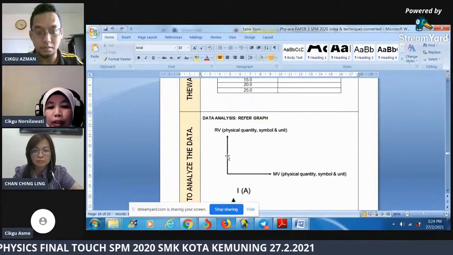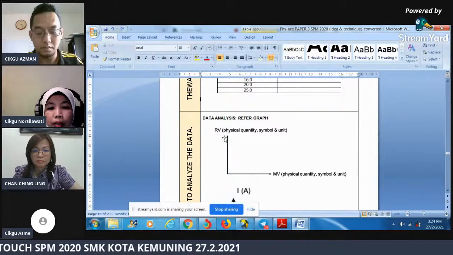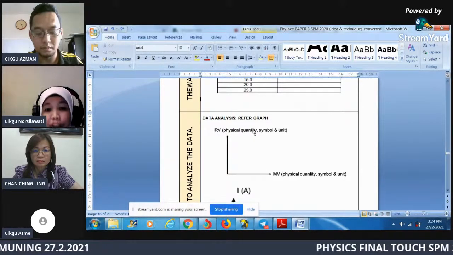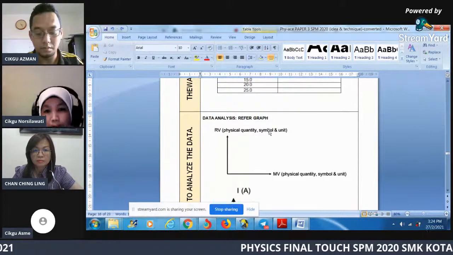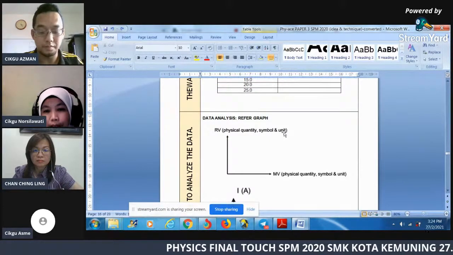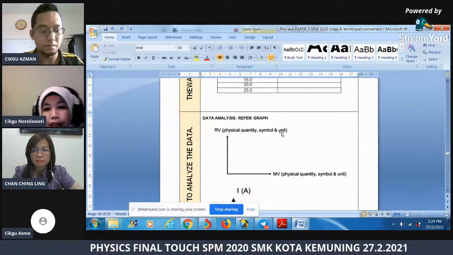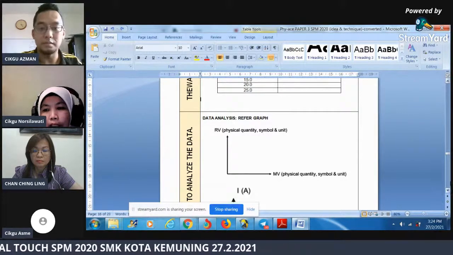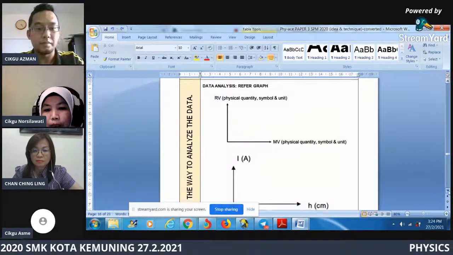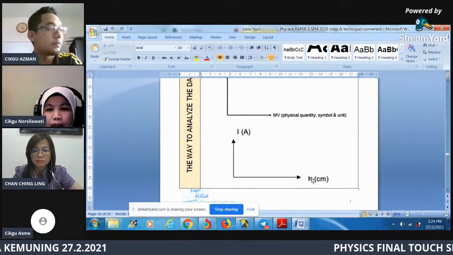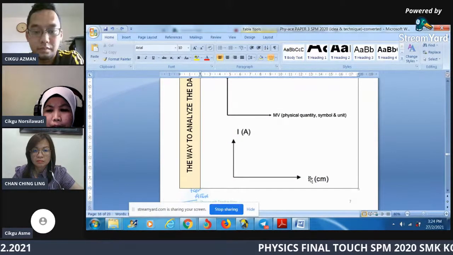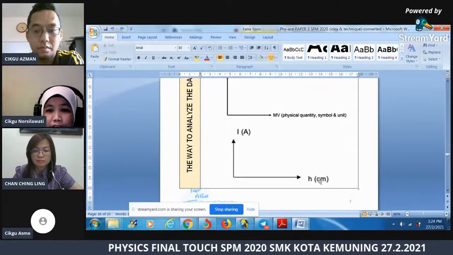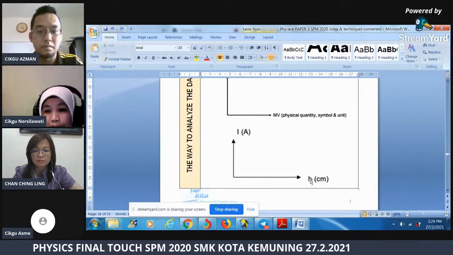Okay, so again, the responding variable ialah dalam y-axis, physical quantity, that is induced current, the symbol, and unit, ampere. The unit for current is ampere, and then MV. Okay, dia jangan letak MV saja, kena letak apakah itu dia punya manipulated variable just now. The height of the magnet bar will release, that is H. The symbol is H.